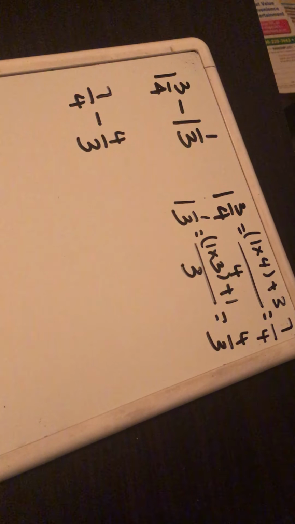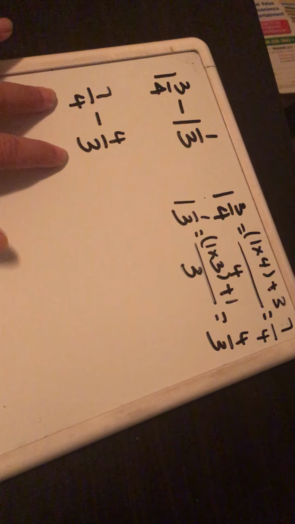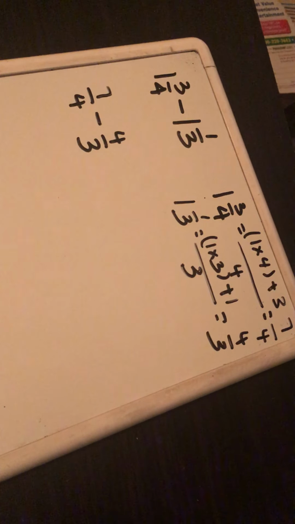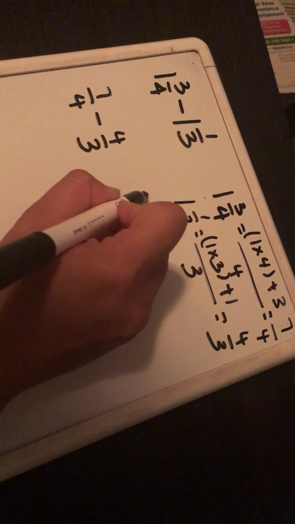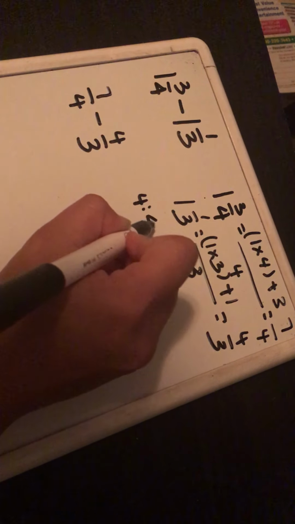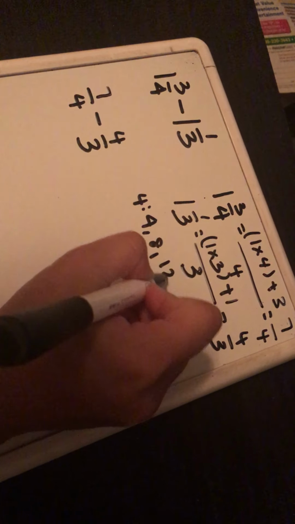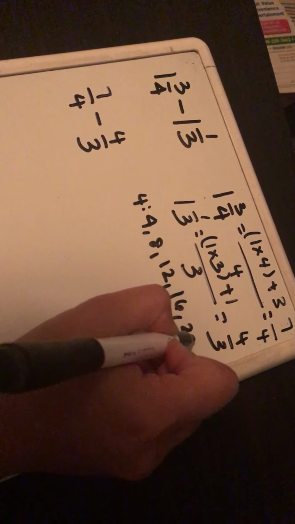So let's start with 7 over 4. Okay, and let's look at both of our denominators, 4 and 3. We have to determine what one number 4 and 3 have in common. So let's list out the multiples of 4. Okay, so 4, 8, 12, 16, 20.